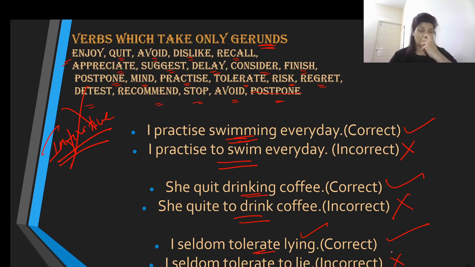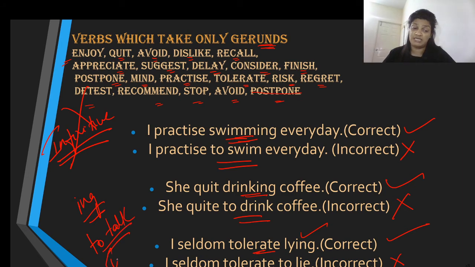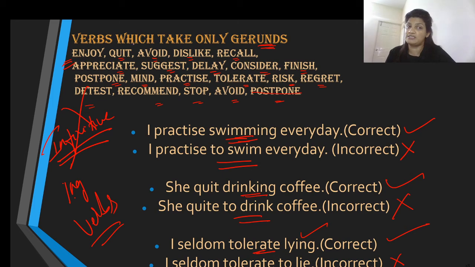So here, these verbs take only gerund alone, only the ing forms alone, and to talk or to walk, meaning infinitives, are not accepted whatsoever. Remember this, only ing verbs are used with these verbs, which are enjoy, quit, avoid, dislike, recall, appreciate, suggest, delay, consider, finish, postpone, mind, practice, tolerate, risk, regret, detest, recommend, stop, and avoid.